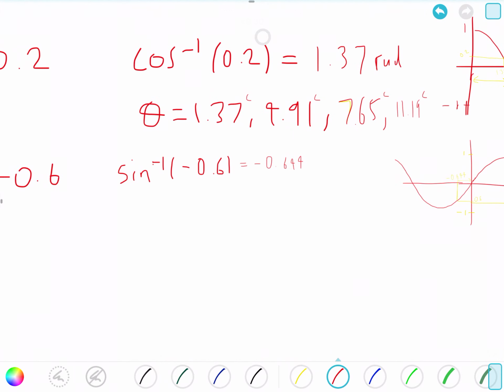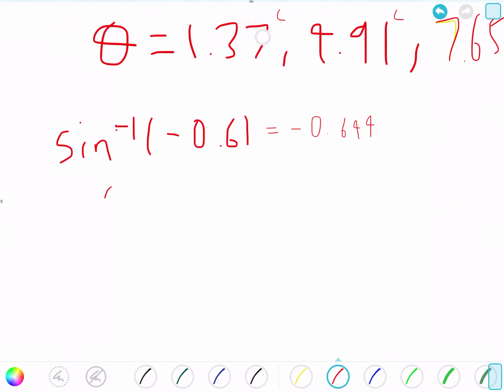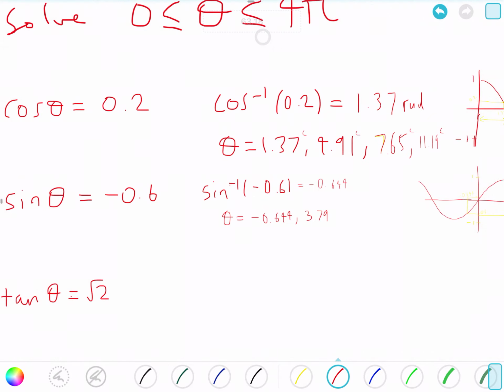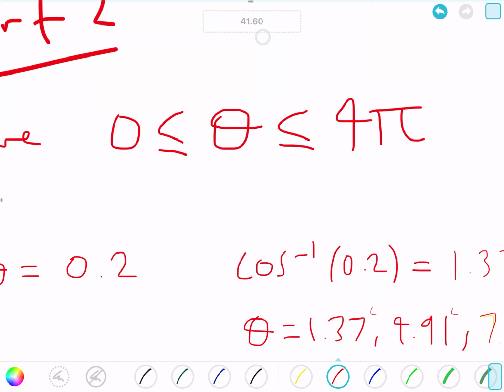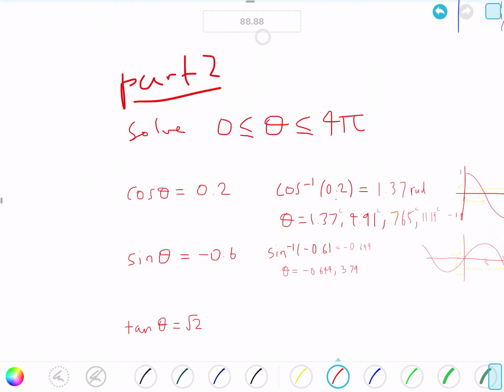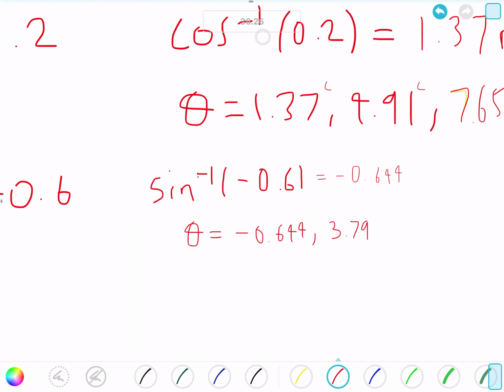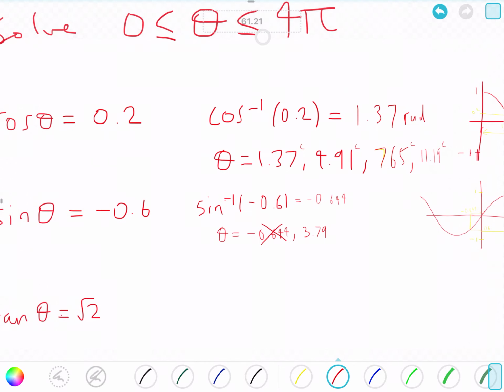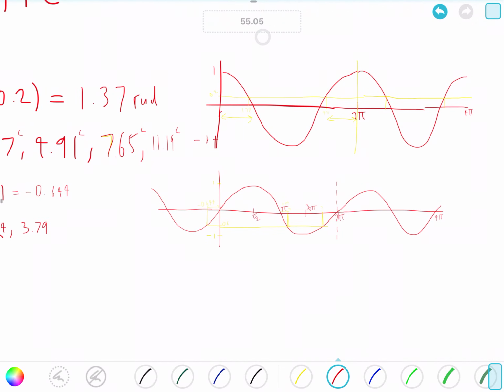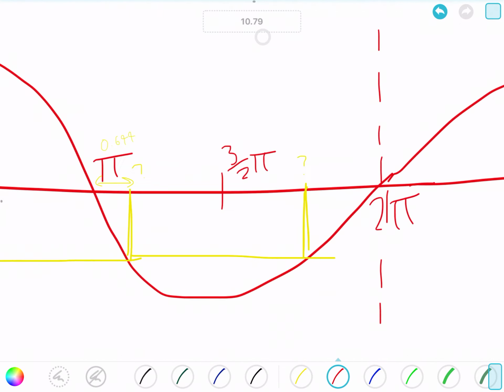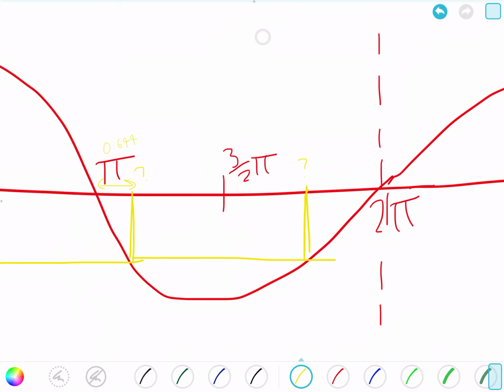So theta equals, yes, it equals negative 0.644, but we don't want that one. We want 3.79. So why don't we want the first one? Well, it's outside of the range that they gave us for theta. So we can just cross off the first one. 3.79.